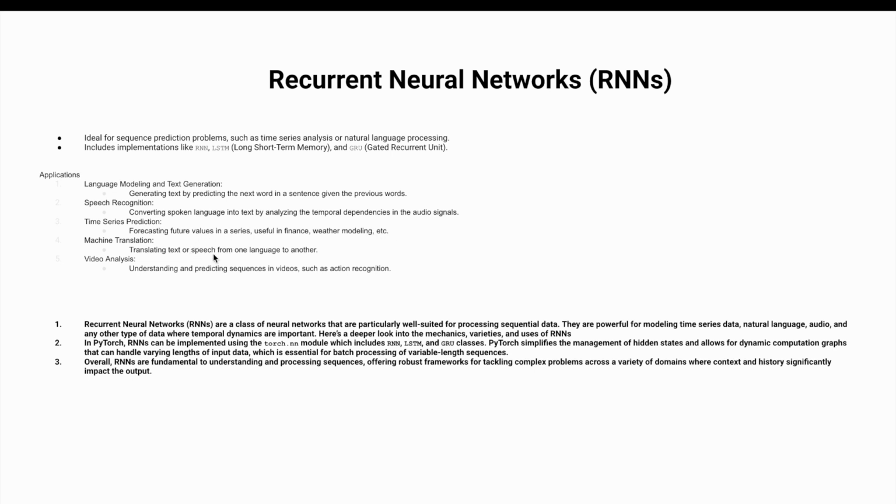And then recurrent neural networks can also be used in machine translation, and this is translating text or speech from one language to another. And also in video analysis, and that's understanding and predicting sequences in videos such as action recognition.